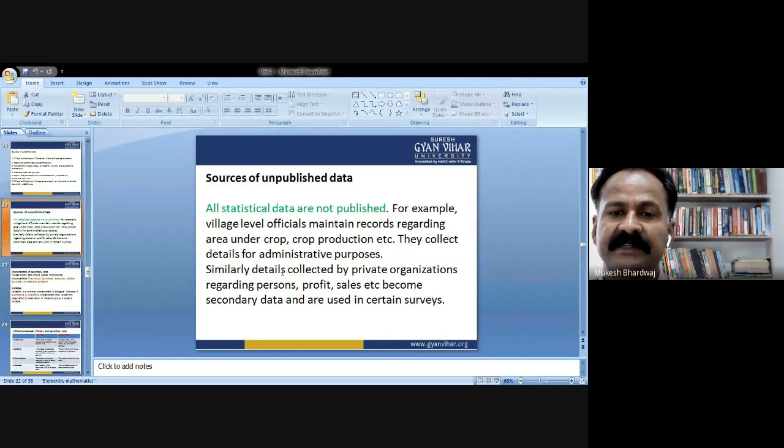Similarly, details collected by private organizations regarding persons, profits, sales, etc. become secondary data and are used in certain surveys. So these are the means of secondary data from unpublished data.